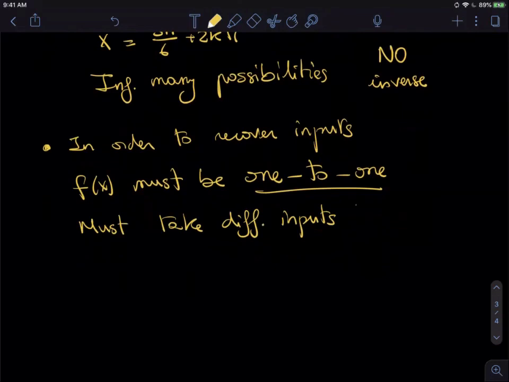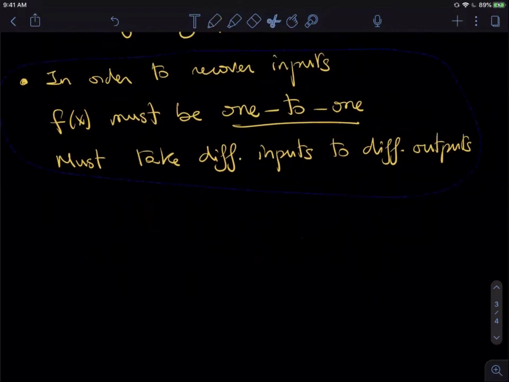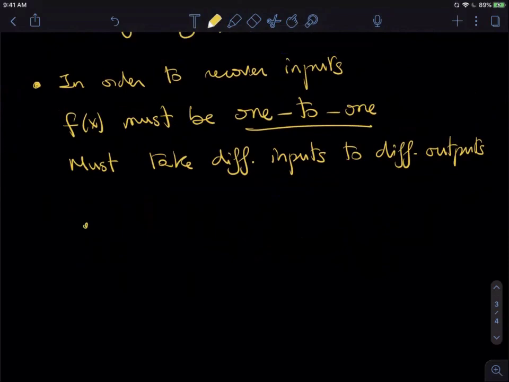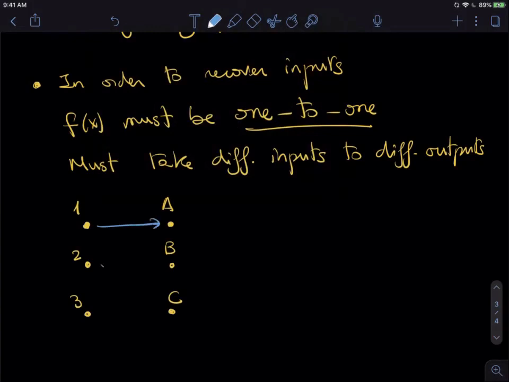Different inputs to different outputs. Okay, so this is just to understand. Let's say I have the numbers 1, 2, 3, and then I want to send them to three letters, A, B, and C. Okay, so I could do it like this. This is a function.